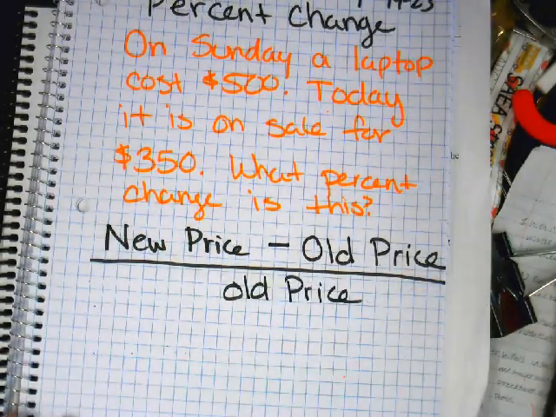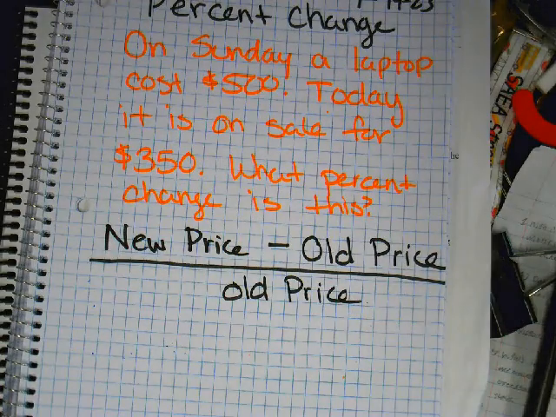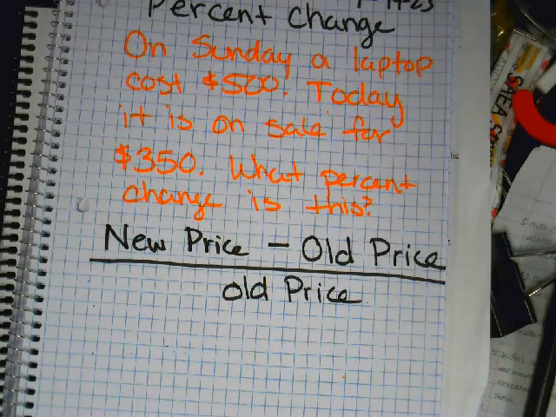Okay? So it's two steps. First you subtract and then you divide. So we're not multiplying in this one. And we're not adding. We're subtracting first, and then we're dividing. Completely different. Okay? It's pretty easy, though.